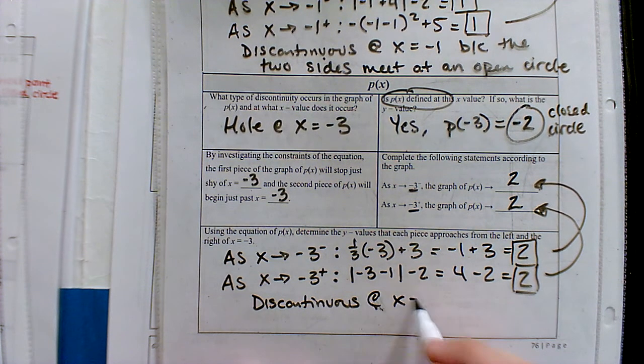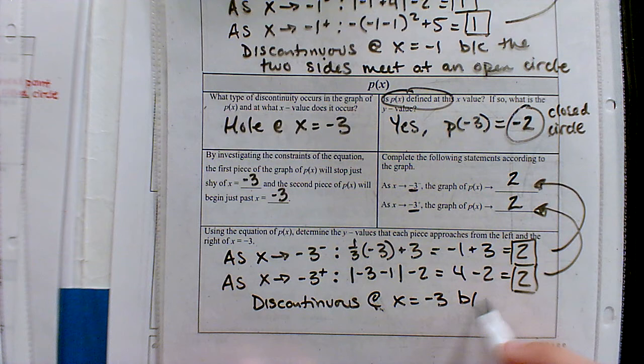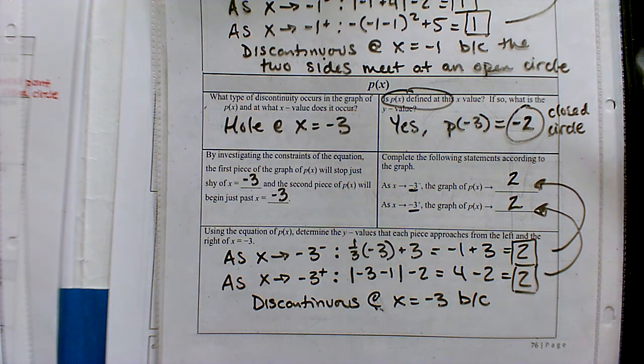at the x value of -3 because why? What's going on? Yeah. How do you know it was open? Up here we said it was closed though. It doesn't match. Okay, notice how the two sides are meeting up.